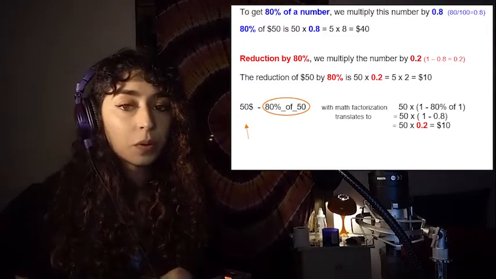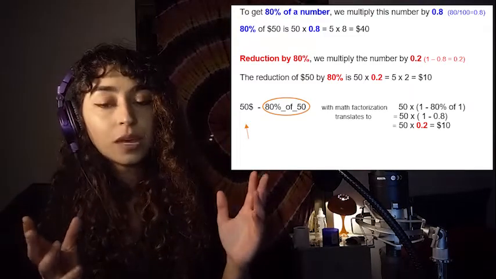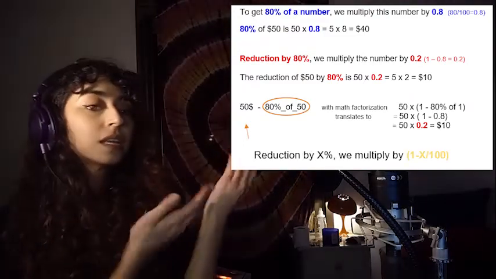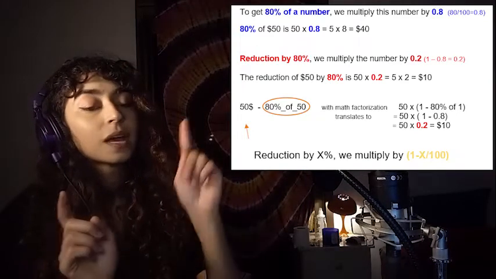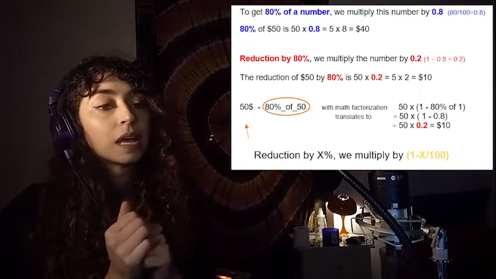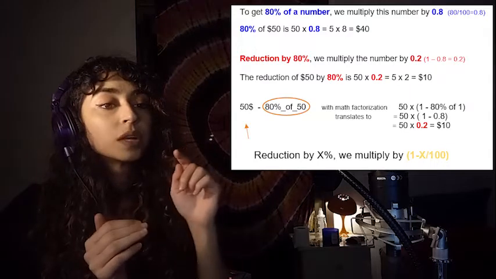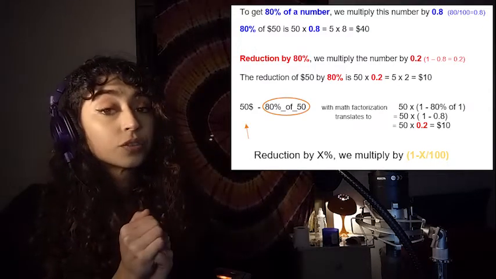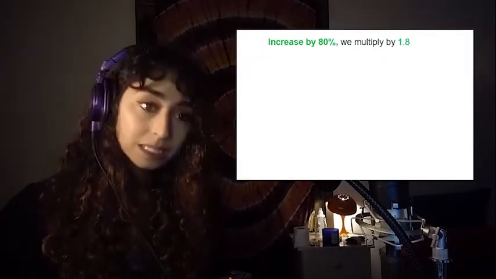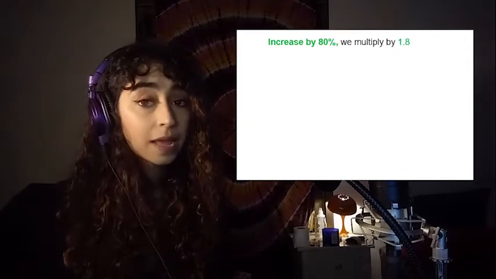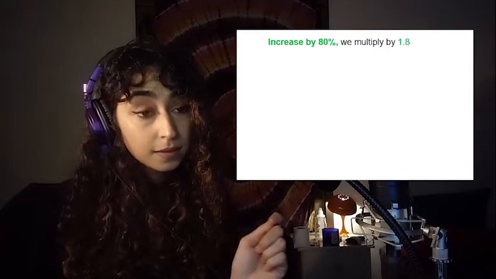So if you want a formula that can apply to any situation, here it is. Reduction by X%, we multiply by 1 minus X over 100. Now, if we want to increase by 80%, we multiply by 1.8.